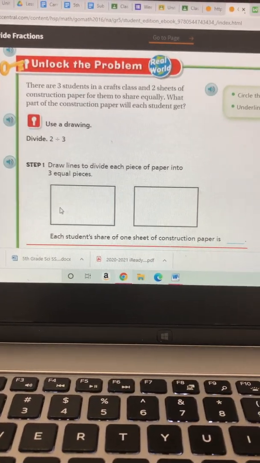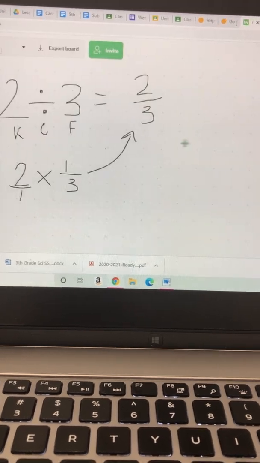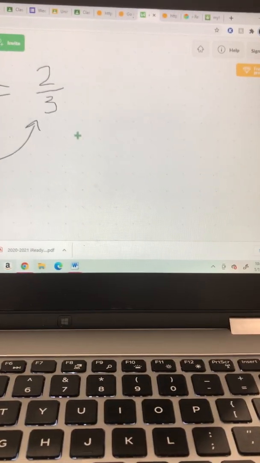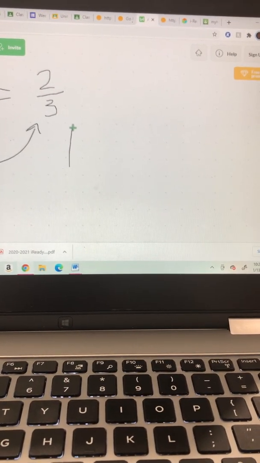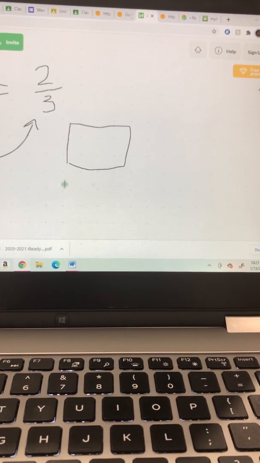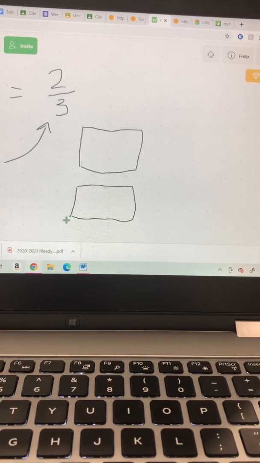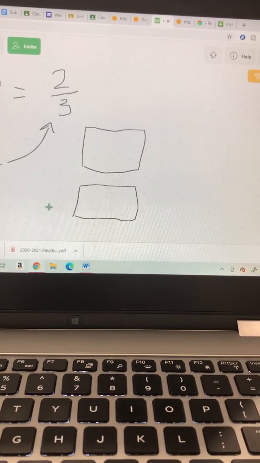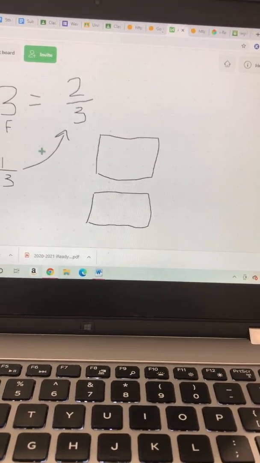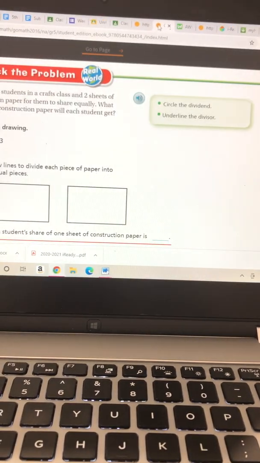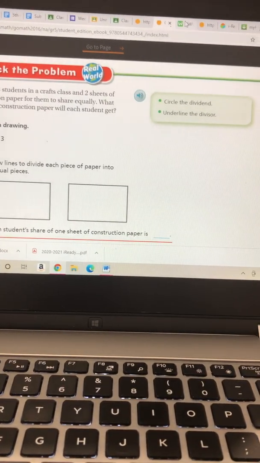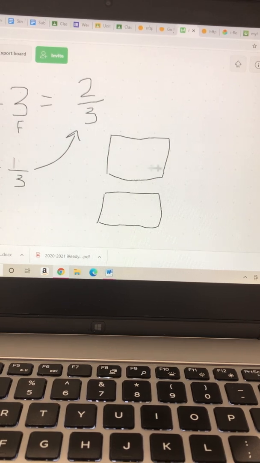So over here, it shows you the diagram, okay? I know that you guys don't need a diagram, but I'll show you just in case it pops up on a test. These 2 rectangles represent the 2 sheets of construction paper, okay? Now, remember that they're sharing it with 3 friends.